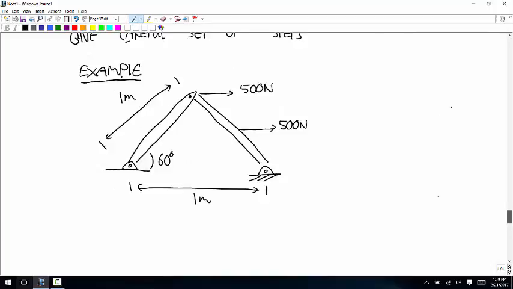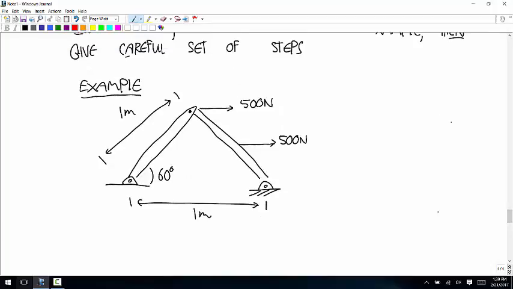I'm going to first just label all this stuff so we know what's where. I'll call that body 1, that body 2.